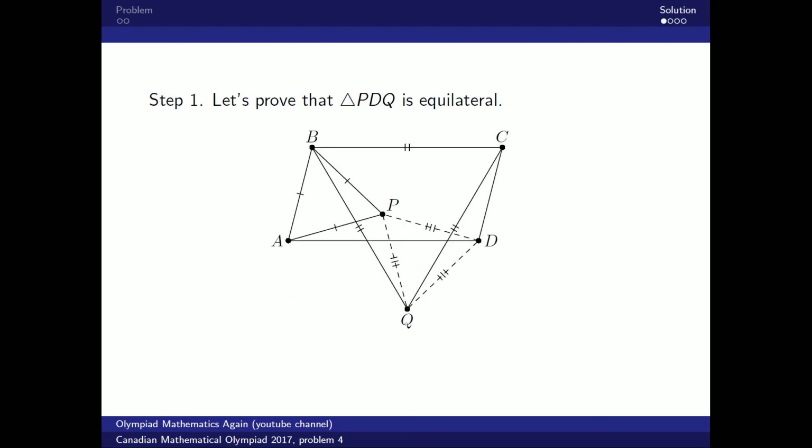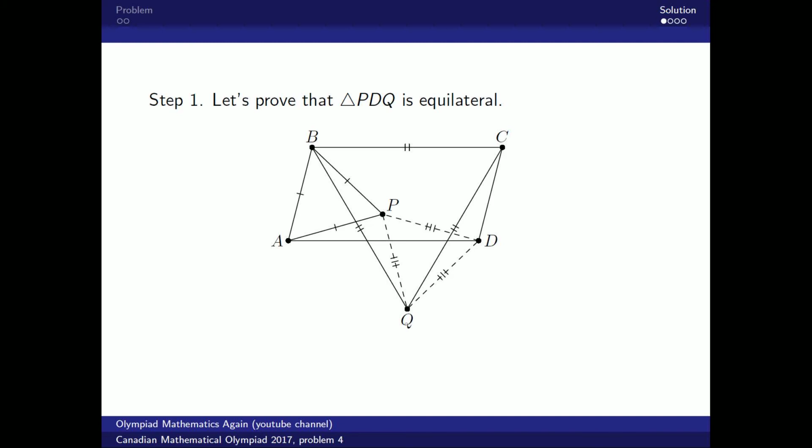As I said, this problem is not very easy, so the solution will be divided into 4 steps. In the first step we are going to prove that triangle PDQ is equilateral.